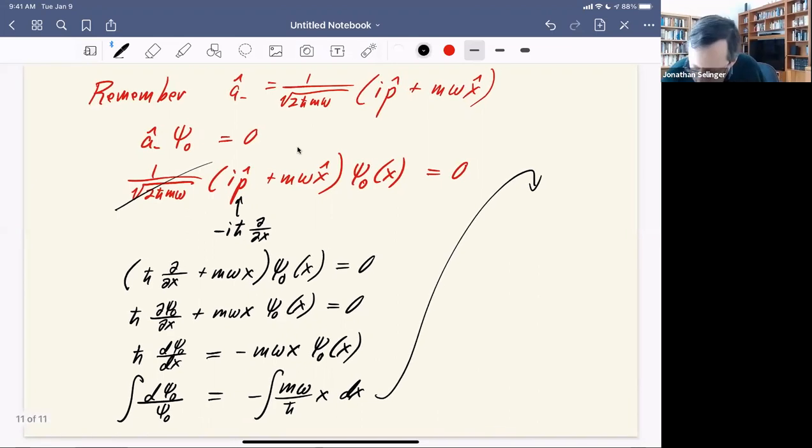The integral on the left is the log of psi 0, and that equals negative m omega x squared over 2 h bar plus a constant.